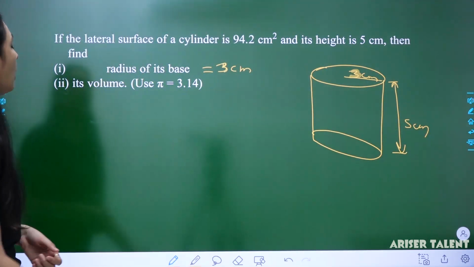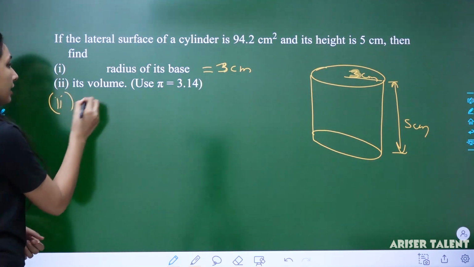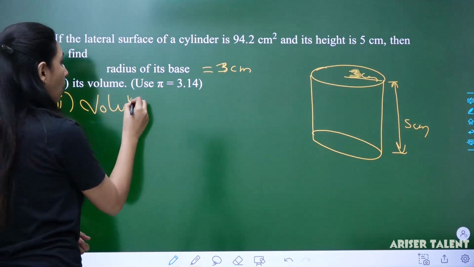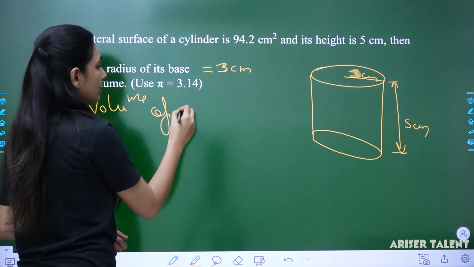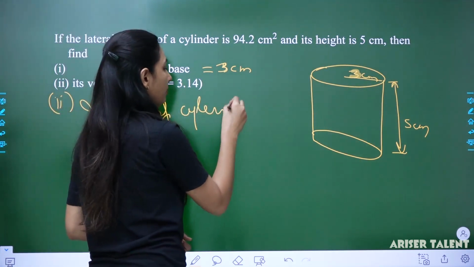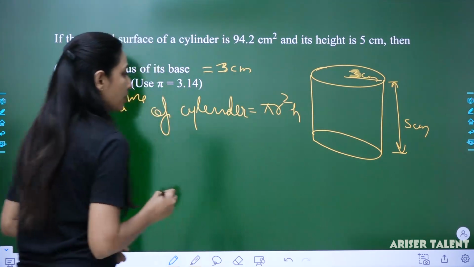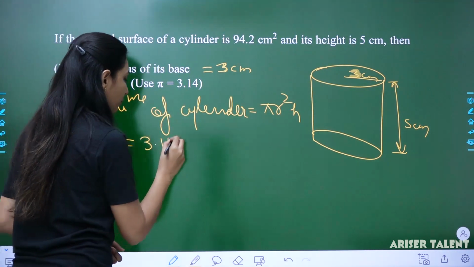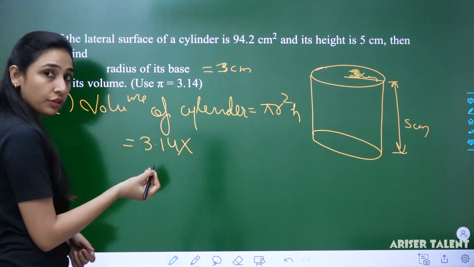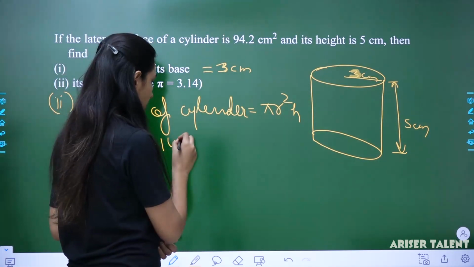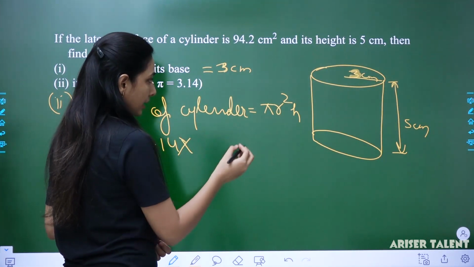Okay, now the second thing is here, volume of cylinder will be equals to pi r square h. Pi is 3.14. We have to calculate, we don't have to put it 22/7. I just conveyed you the reason also.